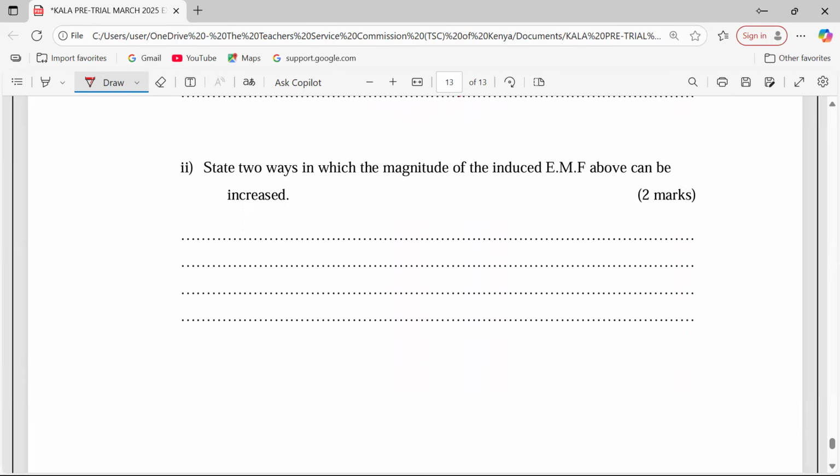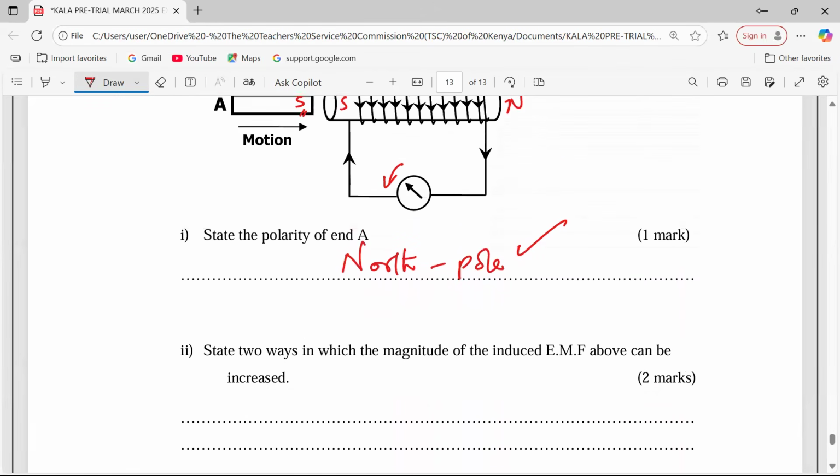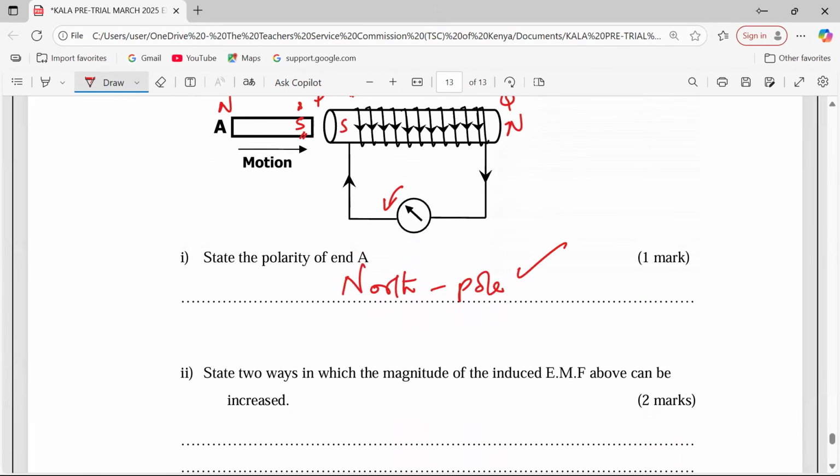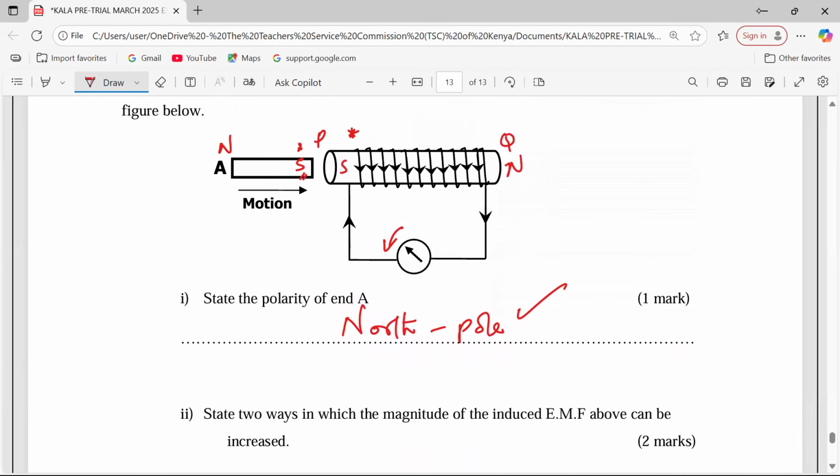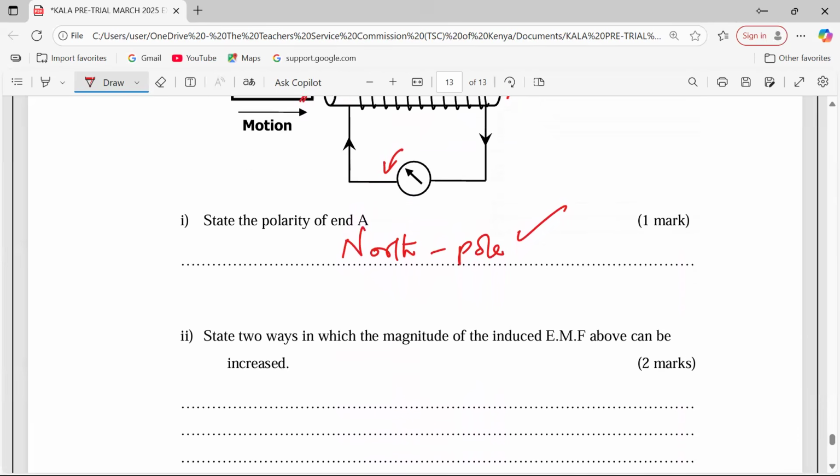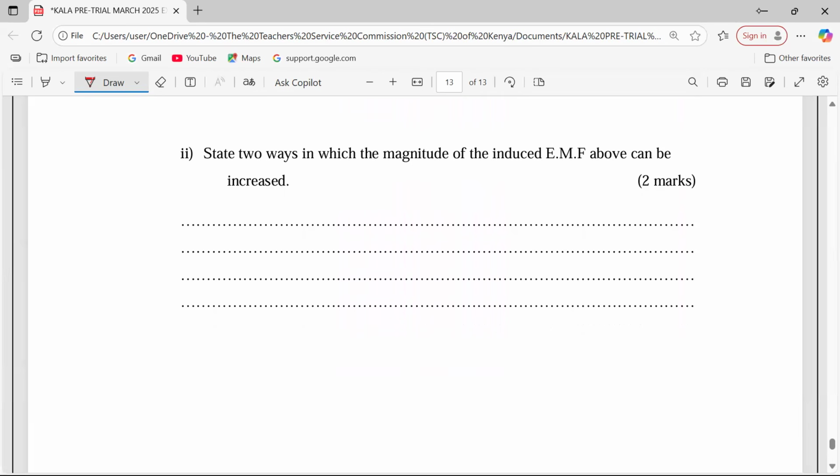State two ways in which the magnitude of the induced EMF can be increased in such an experiment. In electromagnetic induction, EMF can be increased using a number of ways. One is using a stronger magnet.